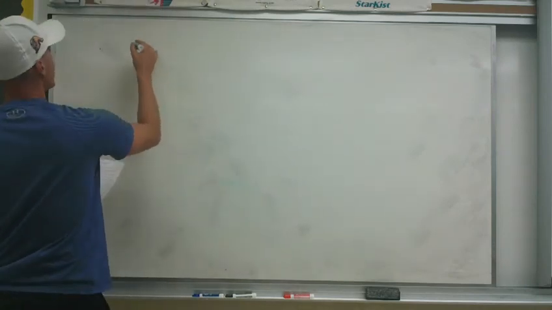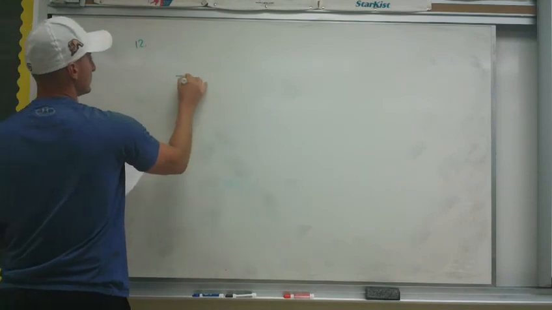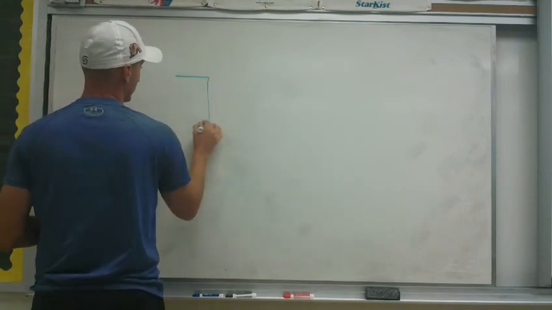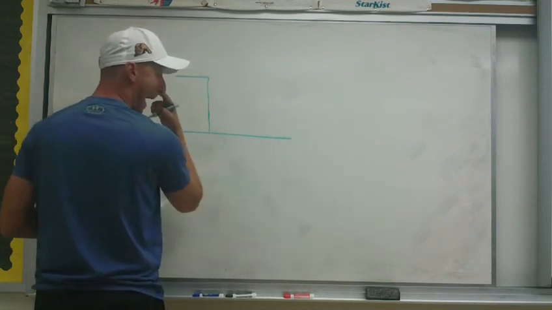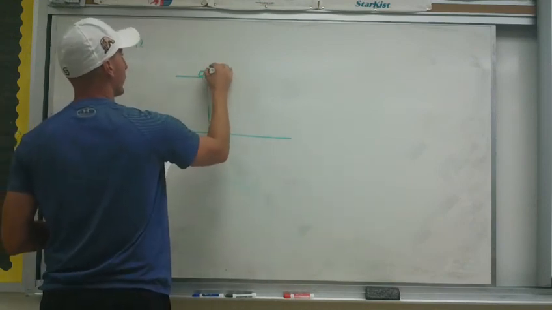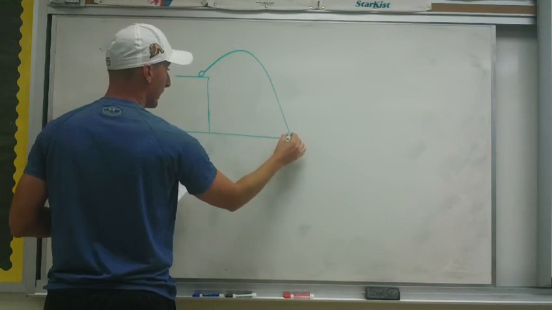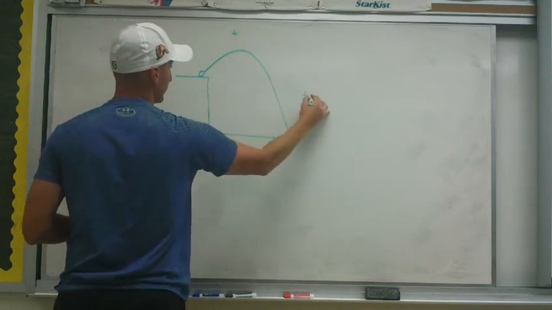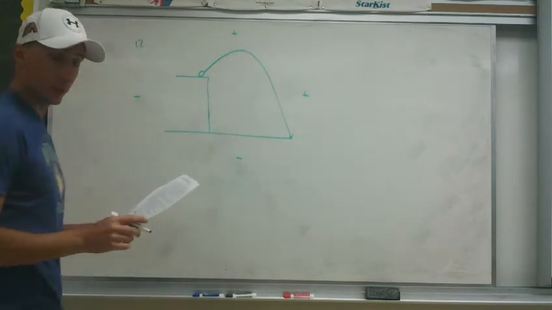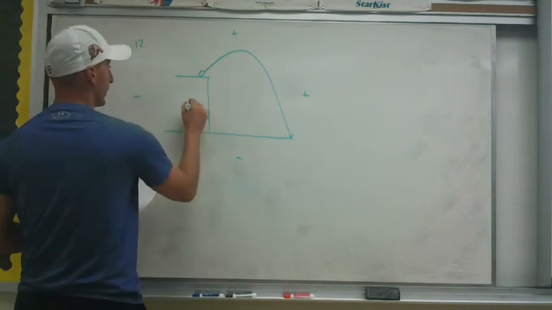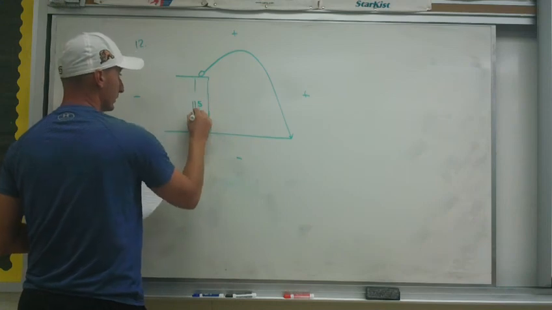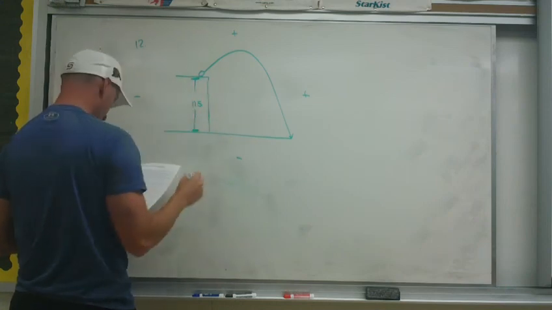This is number 12. Shot outward like that. Up is positive, right is positive, down is negative, left is negative. The cliff's 115 meters high. We know that, 115 meters. That's the information we're given here.